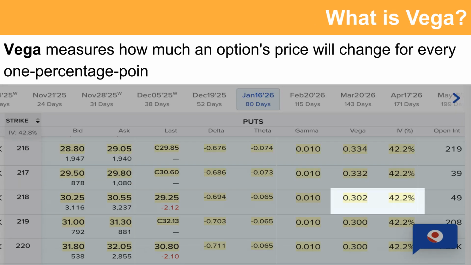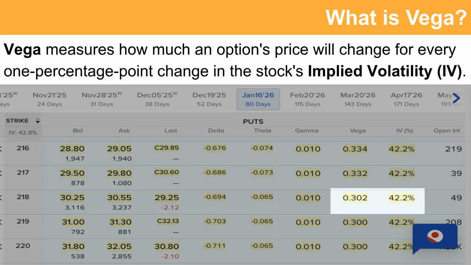When we discussed the pricing of an option in our basic introduction to options course, we discussed how important implied volatility is. Implied volatility is that unknown volatility that may come, maybe at an earnings announcement, for example, and it's expressed in a percentage term. The higher the implied volatility, the higher the option price, and vice versa. So Vega measures how much an option's price will change for every 1% change in an option's implied volatility.